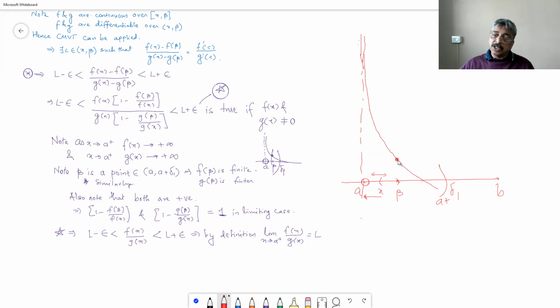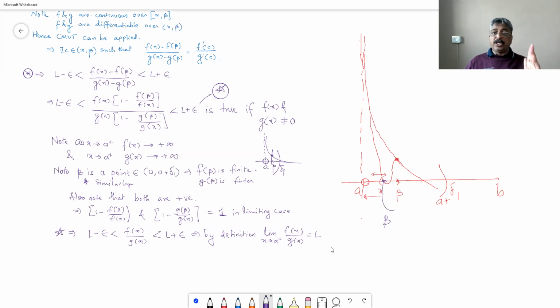Suppose you say that the function is like this. What will happen? Then in that case, you should choose this as beta. After that, it is positive. If it takes one more wave, you choose the next one.